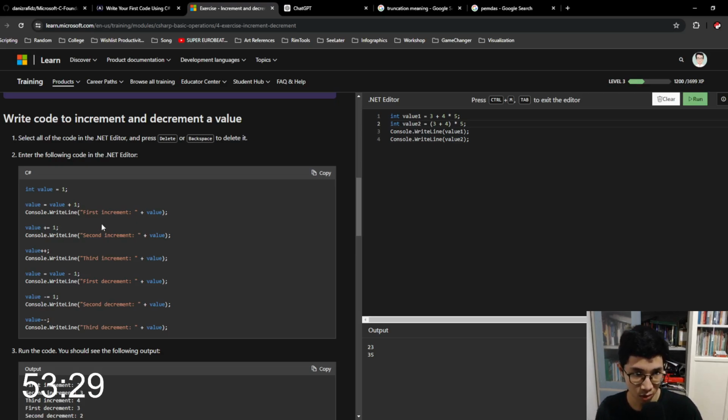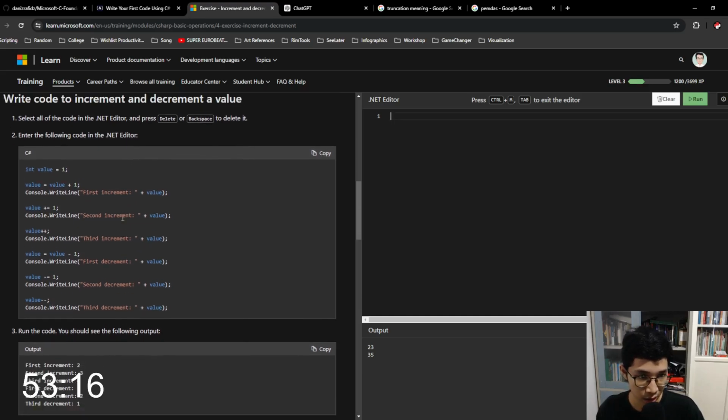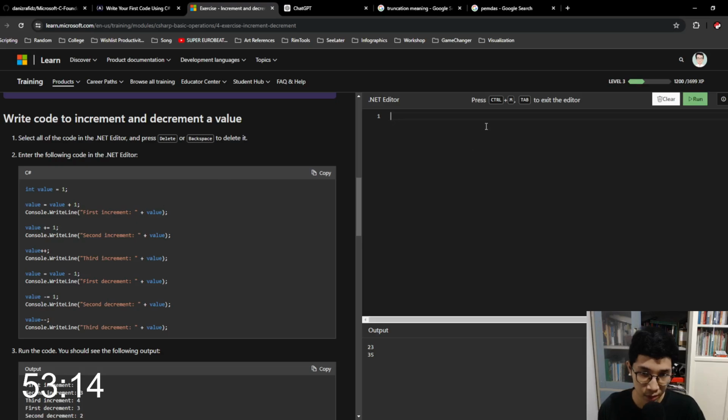Okay, write code to increment and decrement a value. As always, delete it all. Enter the following code in the editor.